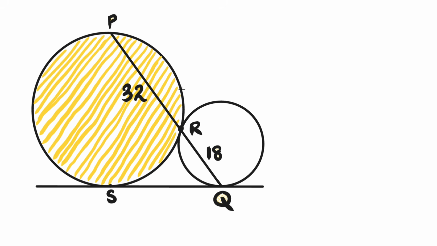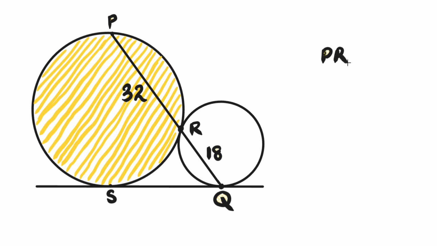First, let's name the point where the larger circle touches the horizontal line S. We already have P at the top of the larger circle, R where the two circles touch, and Q at the bottom of the smaller circle. Now look at the straight line P, R, Q. Since R lies between P and Q, the entire length PQ is simply PR plus RQ.